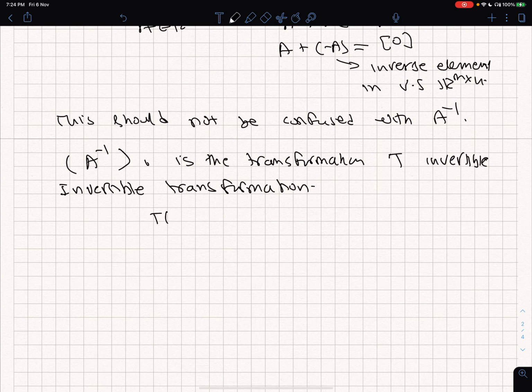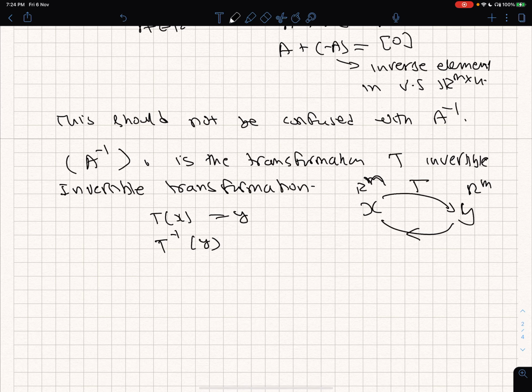If T of alpha x is equal to y, then it means that if there is an invertible transformation, x maps to y in general from Rn to Rm.